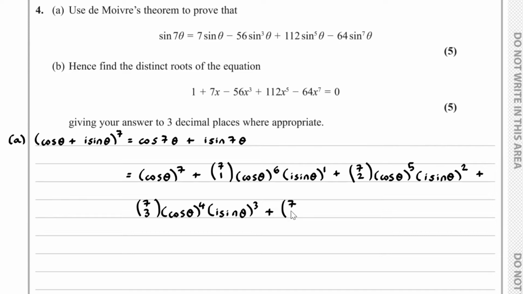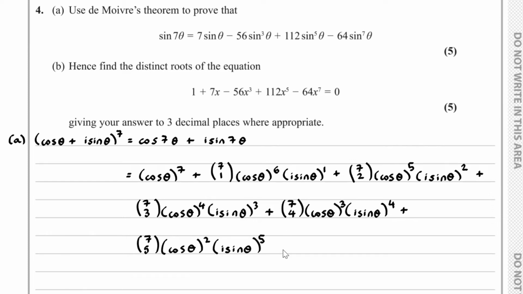Next term, we've got 7 choose 4 times cos theta to the power of 3 times i sin theta to the power of 4. Next term, we've got 7 choose 5 times cos theta to the power of 2 times i sin theta to the power of 5.